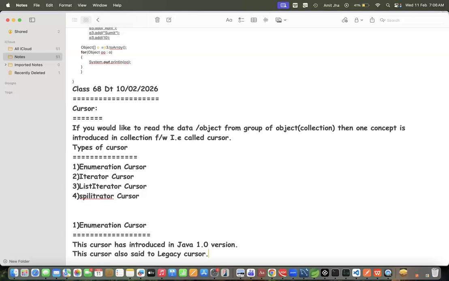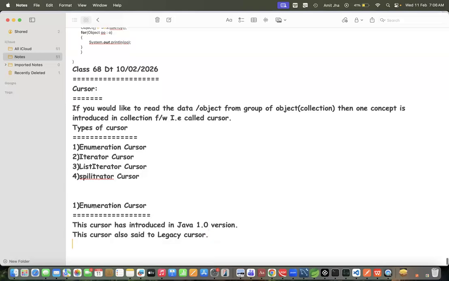What I told is, those classes which were introduced in Java 1.0 version, for those classes we can use this enumeration cursor. Getting clarity or not? No, Amit, not getting clarity.